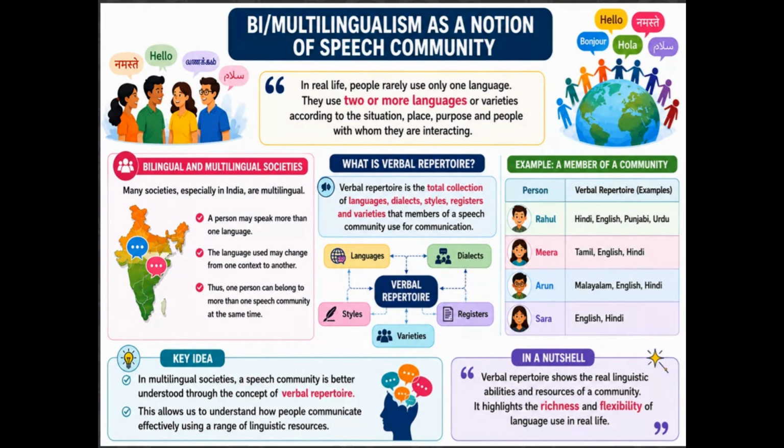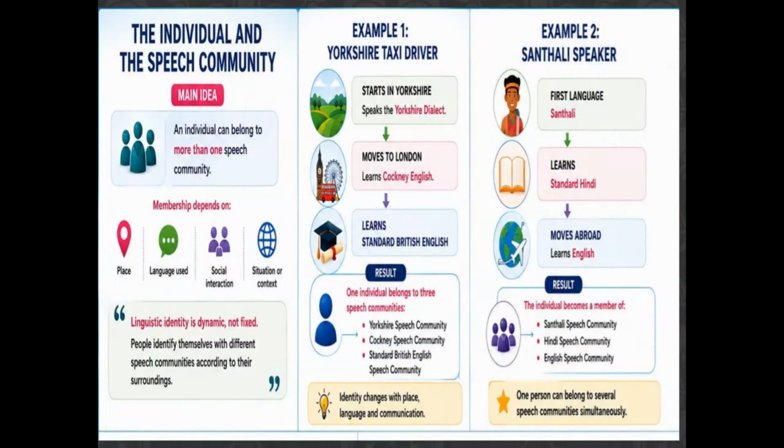Now, if speech communities are multilingual and individuals possess different verbal repertoires, how does the individual identify himself or herself with the speech community? The individual's linguistic identity is not fixed. It changes according to place, situation and interaction. For example, a taxi driver from Yorkshire.